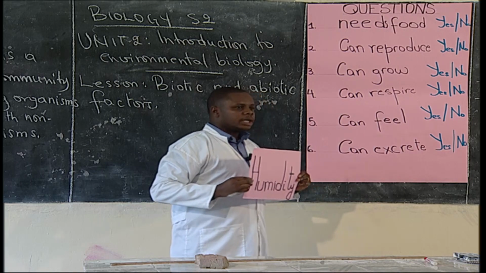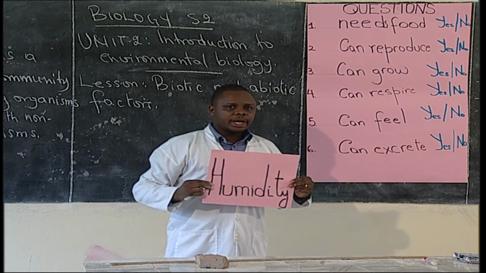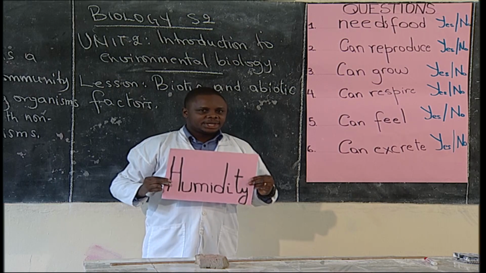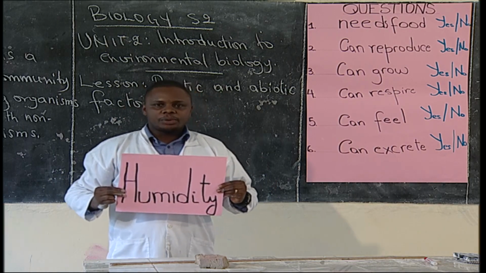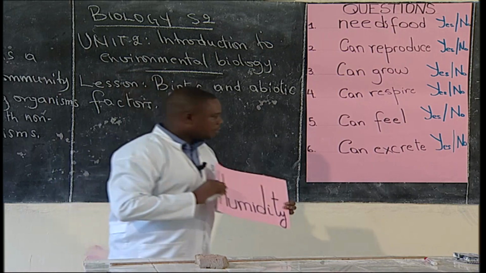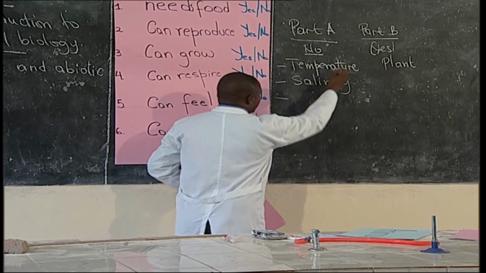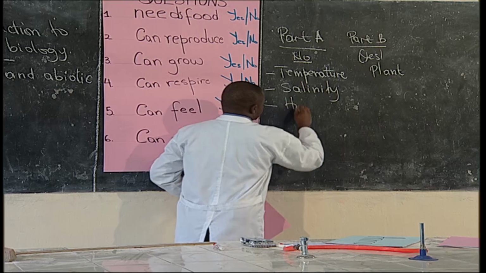No. Can it grow? No. Can it respire? No. Can it feel the environment? No. Can it eliminate waste products? No. We put it on part A, where we saw the answer as no.